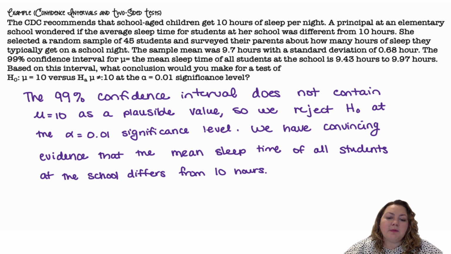So the 99% confidence interval does not contain the null value, mu equals 10, as a plausible value. So we reject the null hypothesis at an alpha of 0.01 significance level. We have convincing evidence that the mean sleep time of all students at the school differs from 10 hours. Okay, we also have evidence that it's less than 10 because our entire interval is below the 10.